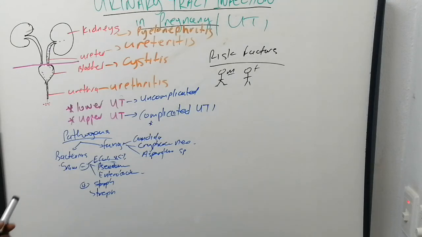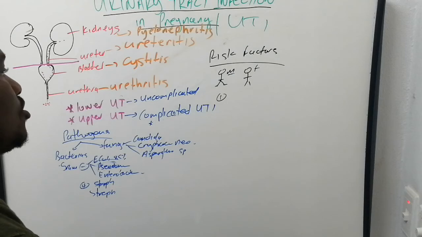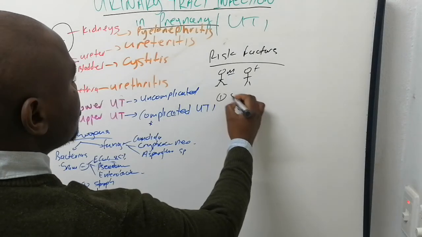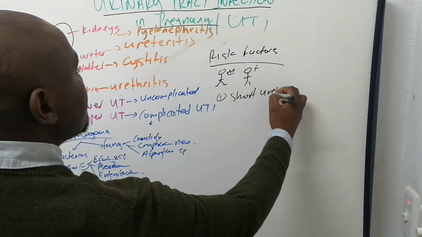Females are at a higher risk of getting UTIs than males. And why is that? The first reason is that females have a short urethra.